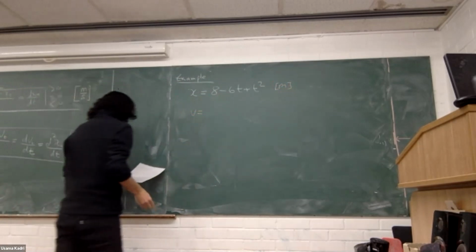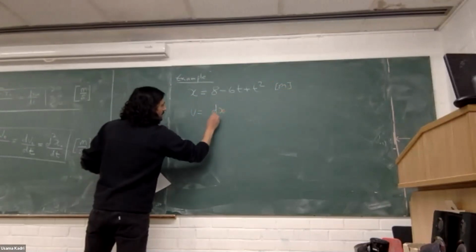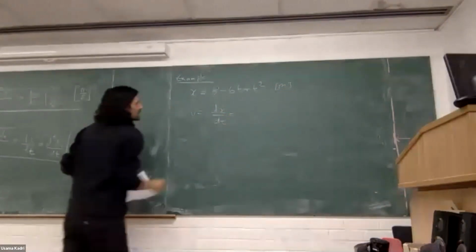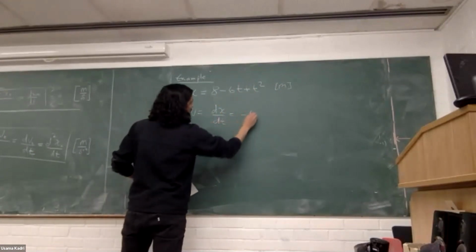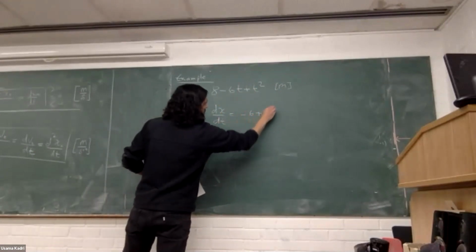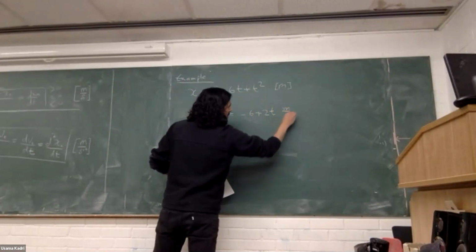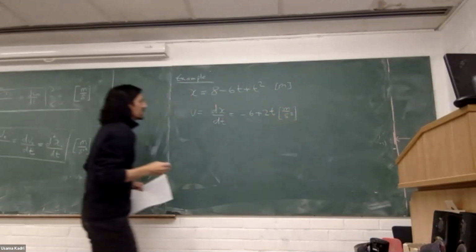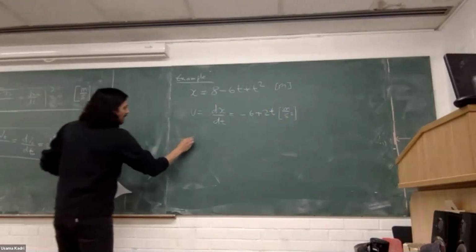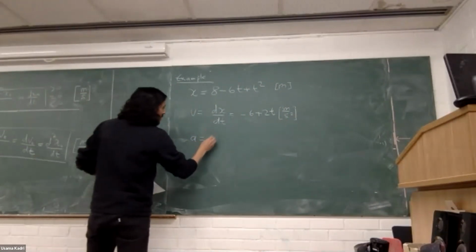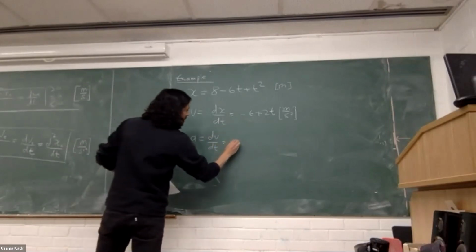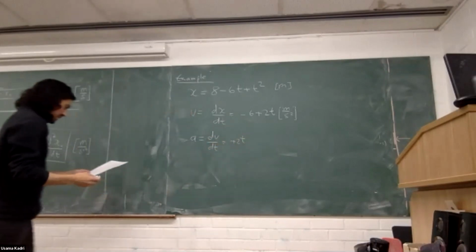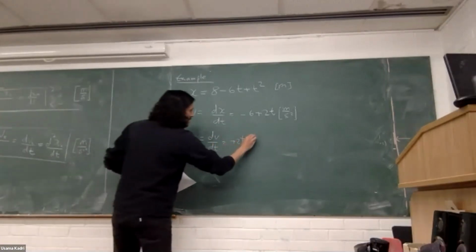The velocity is dx/dt, so all we need to do is take the derivative. So we have minus 6 plus 2t. And then we have the acceleration, which is dv/dt, which is plus 2.